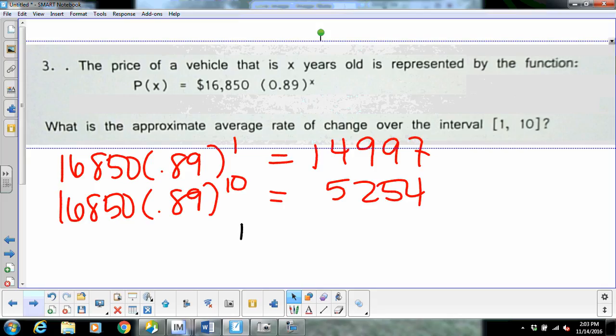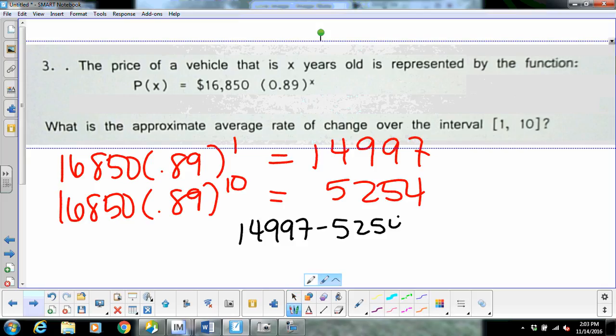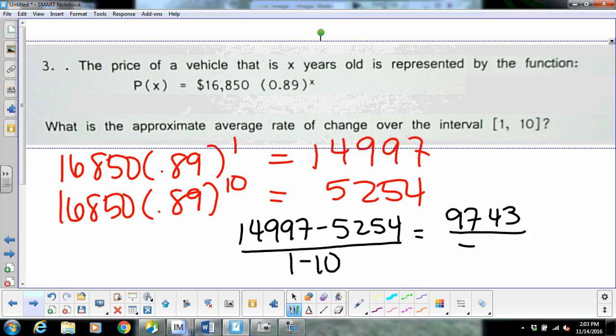Okay, so we're going to subtract those. 14,997 minus 5,254 over 1 minus 10. So that gave me 9,743 divided by -9, which gives me approximately a negative 1,083 slope.